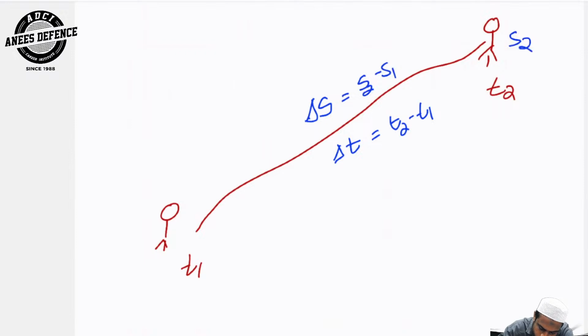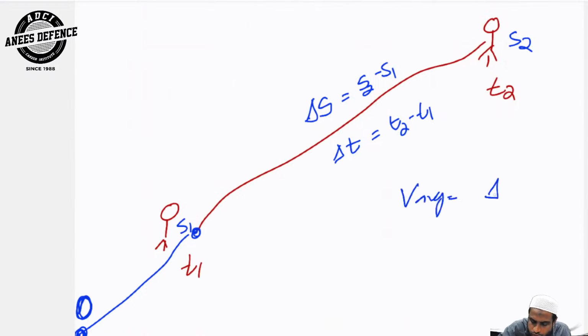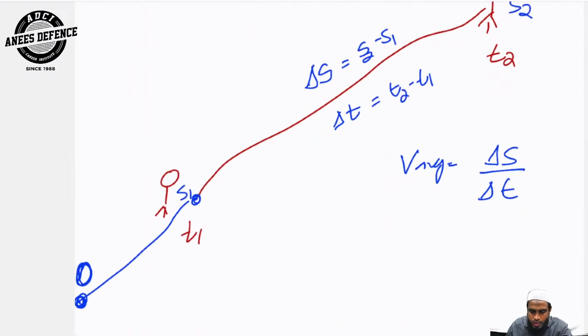This is S2 distance, this is S1 distance, from this point, this is my origin. You are not standing at origin, you are standing at a distance of S1 from origin, and after some time you reach a distance of S2 from origin. So what is the difference? S2 minus S1. So what is the total change in distance? Delta S. What is the total change in time? Delta T. So average velocity is equal to delta S by delta T. Understood? Now I will give you one example.